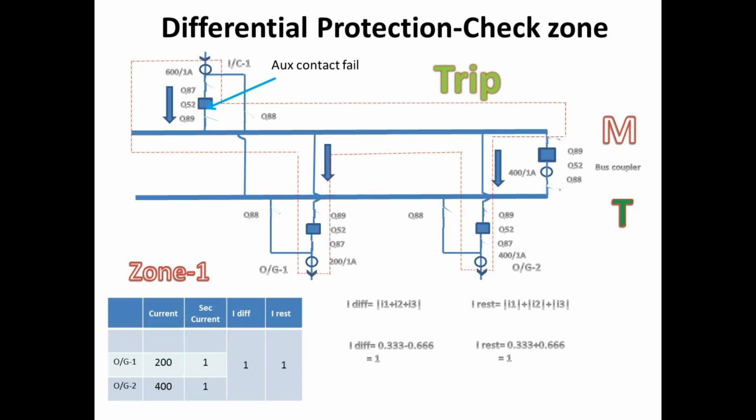So right now, according to the relay, only two are connected in zone 1. For the relay, this incomer is not considered. So now the differential current over the relay is 1, so it gives a trip. This trip will cause a full station shutdown, that is, a blackout.